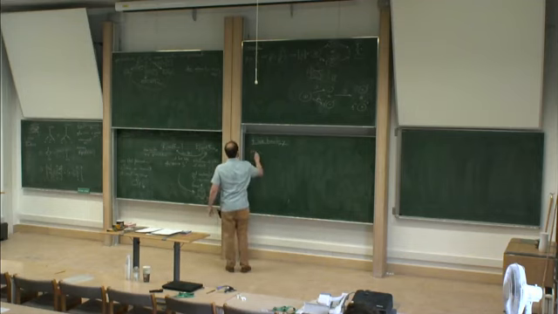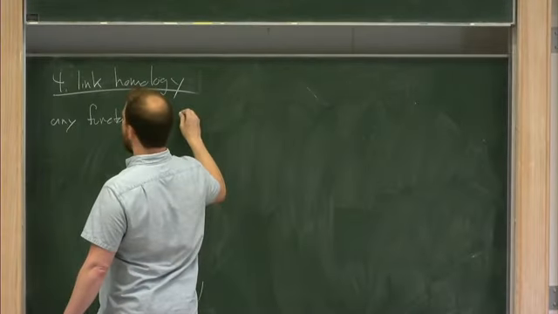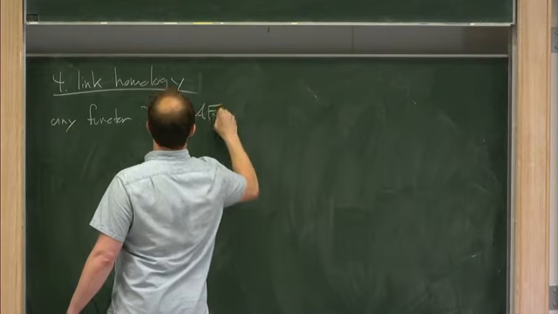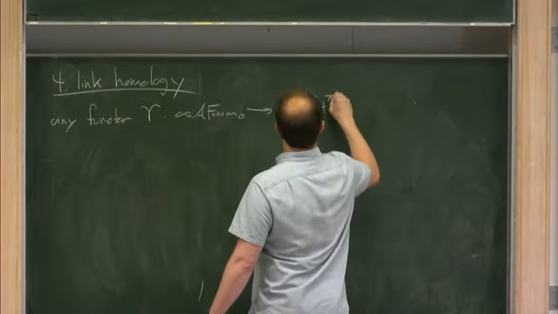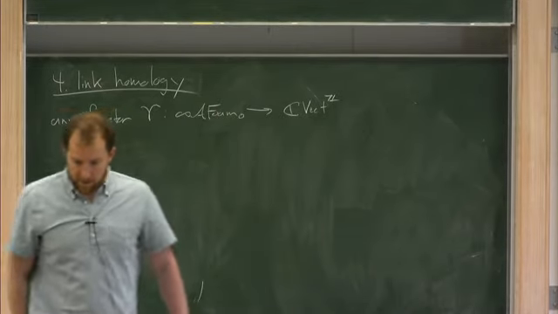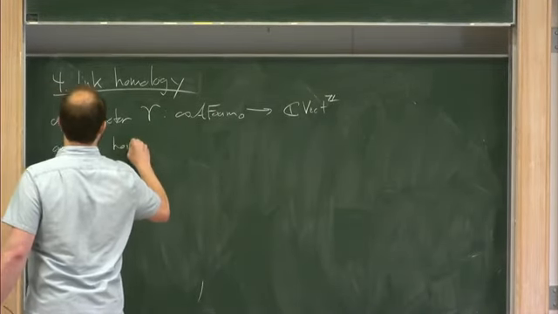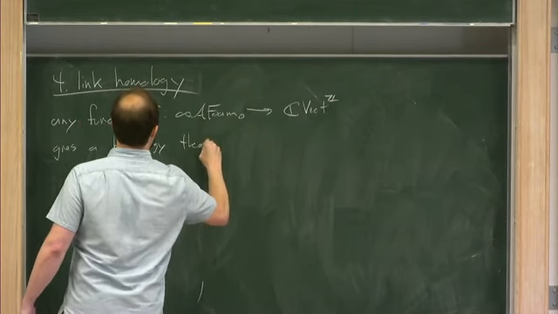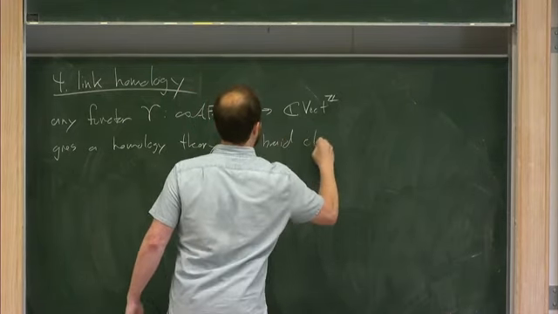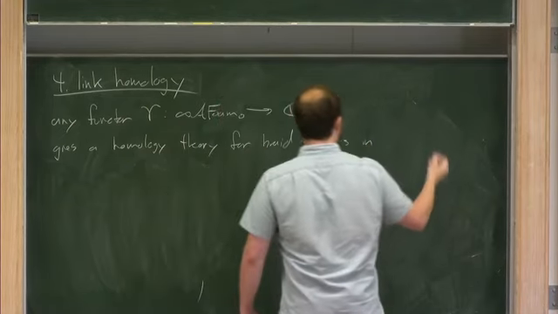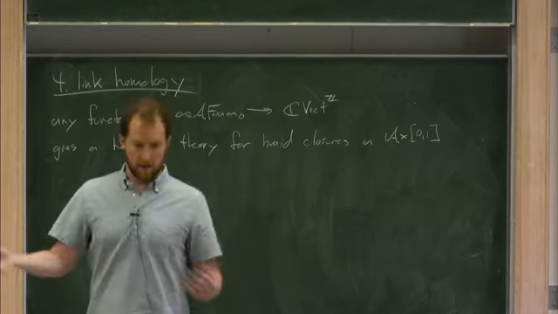So any functor epsilon from this infinity the foam version, to, let's say, Z-graded complex vector spaces, gives a homology theory for braid closures in annulus cross [0,1]. Just apply the functor and take homology.